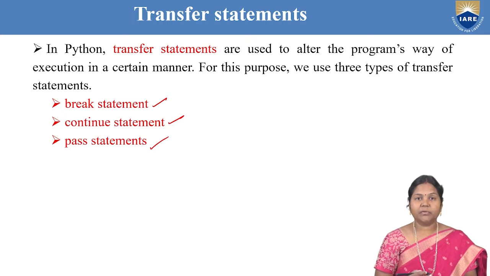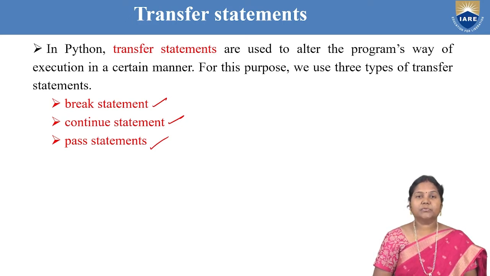Sometimes we need to break the loop based on a condition. Sometimes you have to repeat the loop from the beginning based on the continue statement, or sometimes you have to ignore it, so you can write the pass statement. So the uses of these three statements are different. Today we are going to discuss a number of programs using these control flow statements.